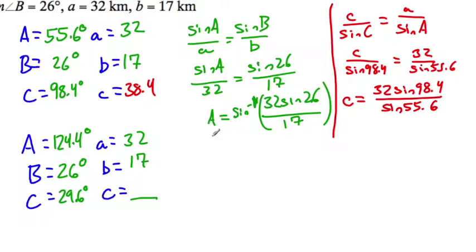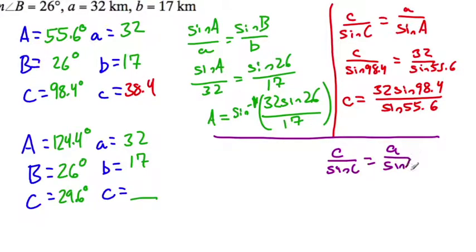Now I could look at this other case where I have C over sine of C equals A over sine of A, and I say, all right, well, C over sine of 29.6 is equal to 32 over sine of 124.4.